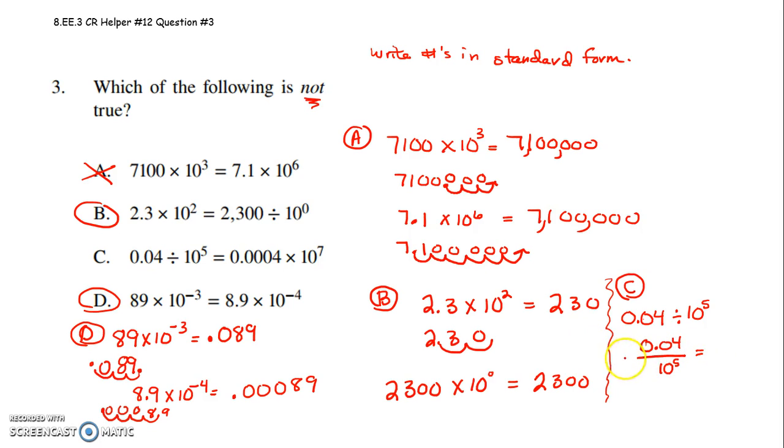So we're going to move our decimal point 5 places to the left. 0.04, because we're dividing, shifting that 5 places to the left. 1, 2, 3, 4, 5. And we have to fill in zeros, a new placement of our decimal point. So that's 0.1, 2, 3, 4, and another 0, 5, another 0.